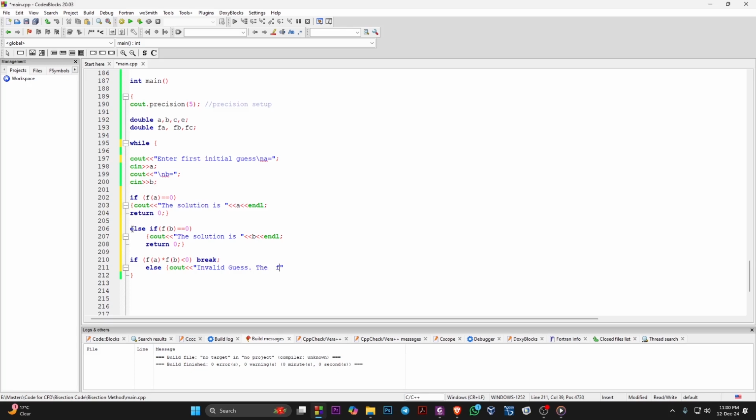The function must have opposite sections. End line.